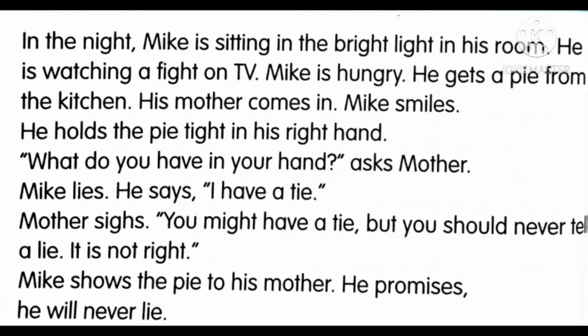Mike is a boy, you can see. Wherever you find words that are pronounced with the I sound, which have IGH and IE, try to underline them. In the night, Mike is sitting in the bright light in his room.